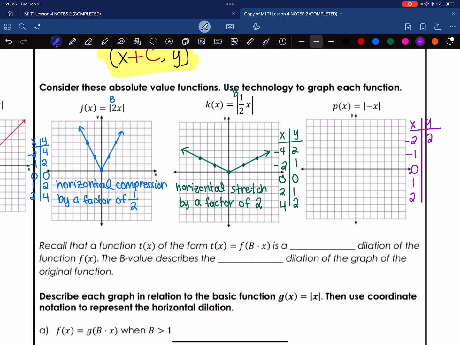A -1 is 1, absolute value of 1 is 1. 0 is just going to be 0. A negative times 1 is -1, but the absolute value of -1 is 1. And negative times 2 is a -2, but absolute value is 2. So we plot these points.